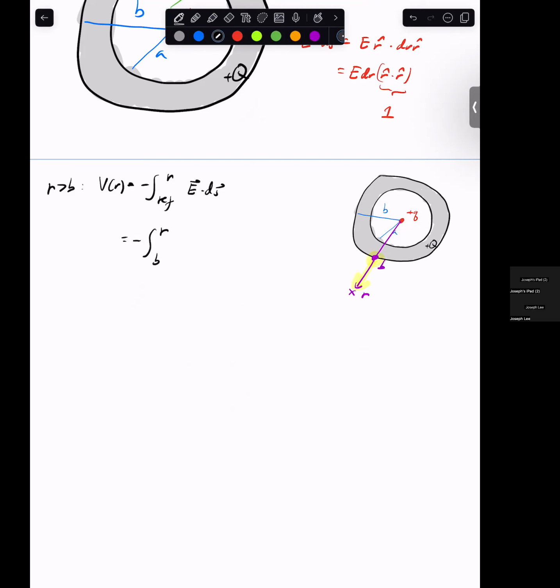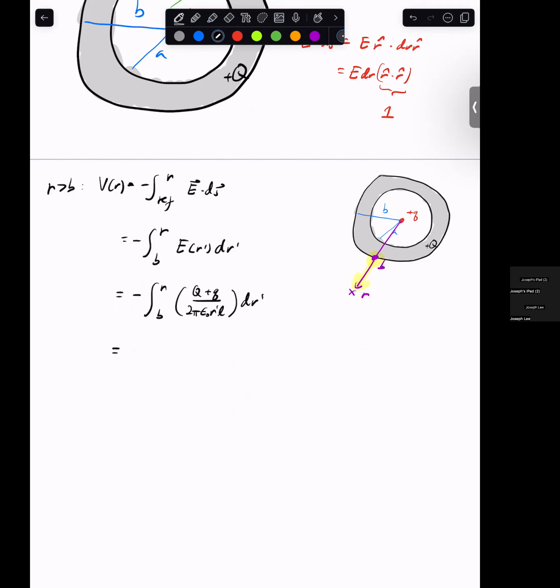As we saw from the dot product above, this is basically going to be, I'm going to use r prime, the integral of E of r prime times dr prime. I'm using prime here so that we don't get any confusion between r and r prime. It's just a dummy variable. From the problem statement, we know that this value is big Q plus small q over 2 pi epsilon naught r prime L, dr prime. Then all we need to do is compute this integral.